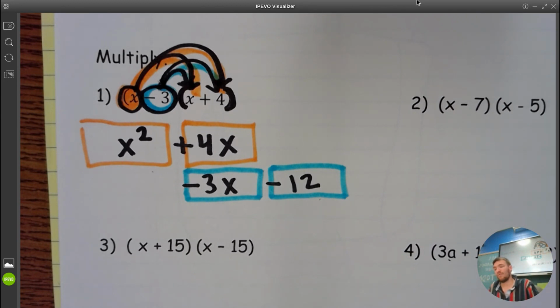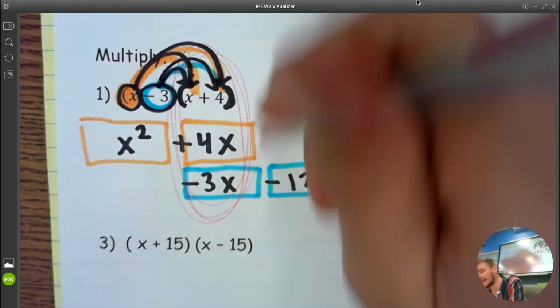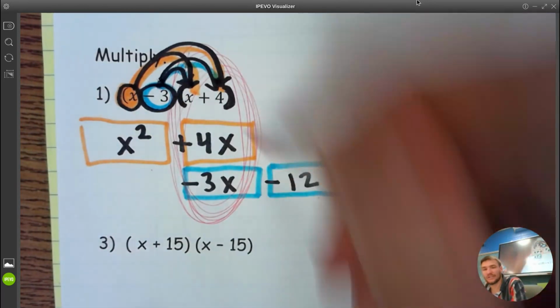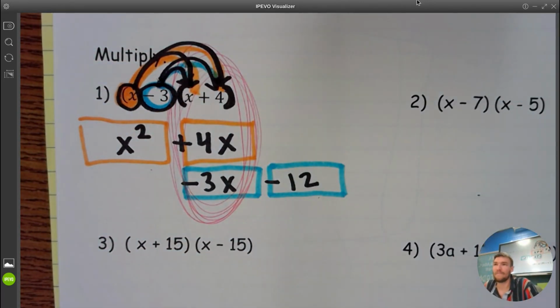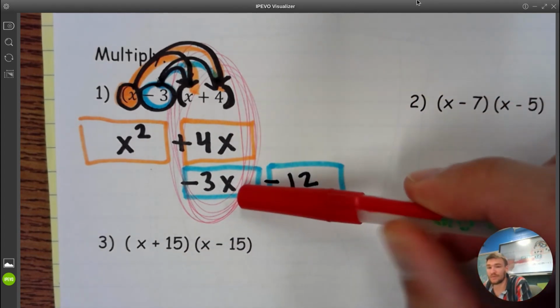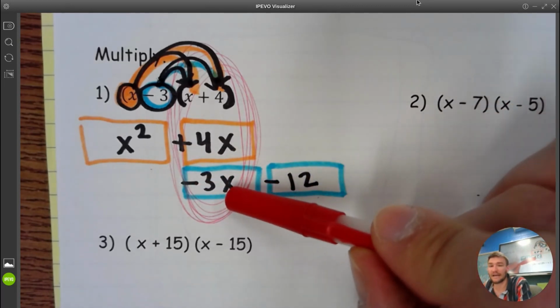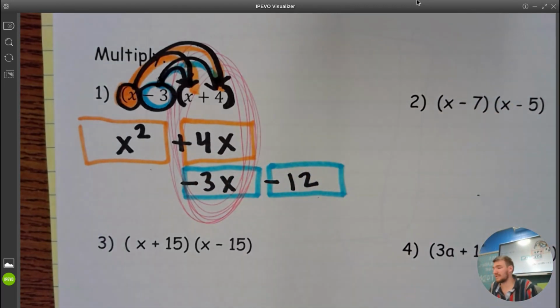Now, we're not done with this question. We have one tiny step left. The reason that we stacked up these middle two terms is because they are like terms. We have 4x minus 3x, and we can combine those together.